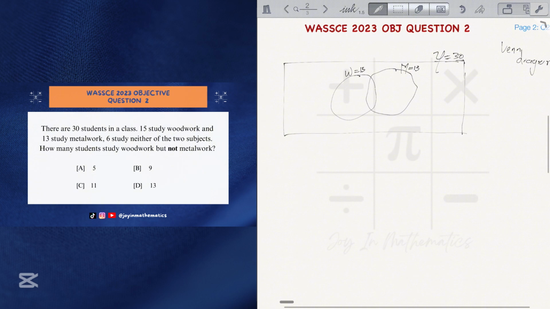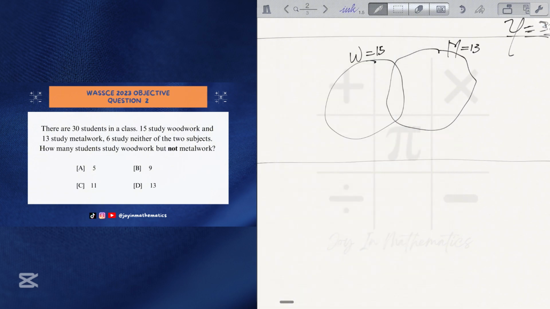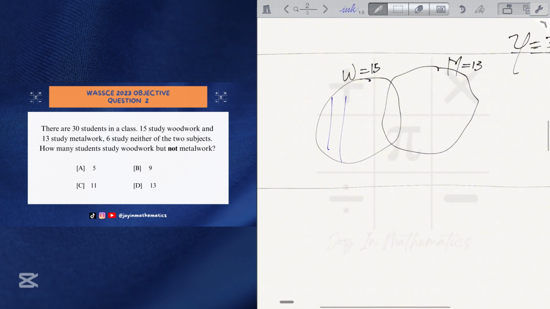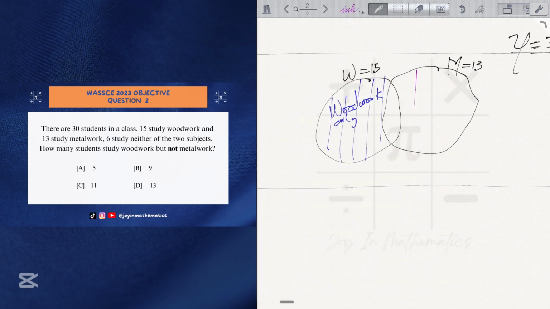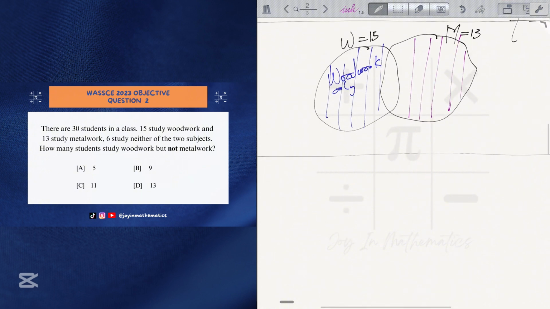So let us make the substitutions where necessary. This section, this blue section here, is for woodwork only. Let's understand it, woodwork only. Likewise, this section here, we will call it metalwork only.